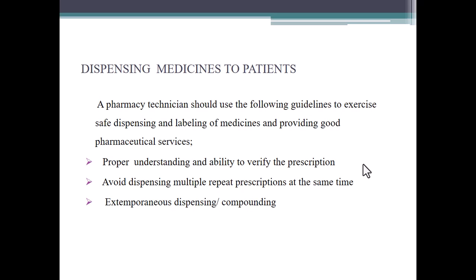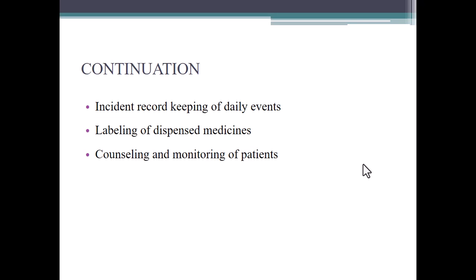All right. Avoid dispensing multiple repeat prescriptions at the same time. Okay. And then extemporaneous dispensing and compounding. We see that incident record keeping should also be followed of daily events, whatever you have done that day, whatever medications you have dispensed, you need to record it.